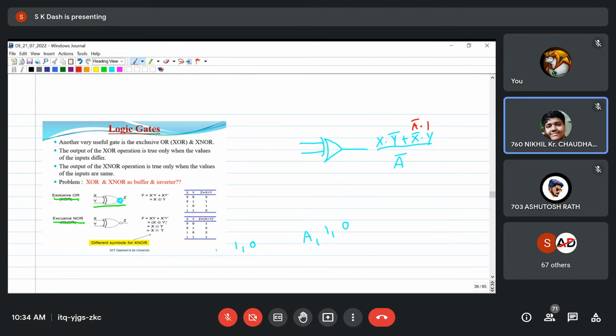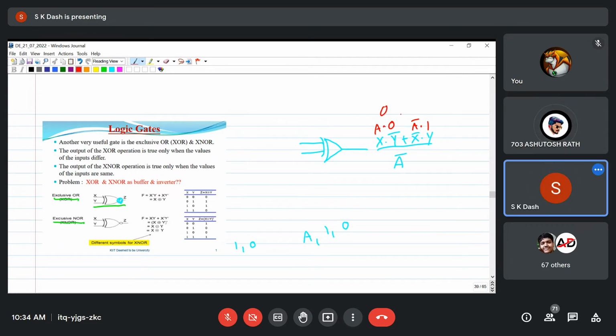Yes. If Y is 1, what will be Y bar? Y bar will be 0. X is already taken as A. What is A dot 0? A dot 0 is 0, plus A bar dot 1 is A bar, so the result is A bar only.